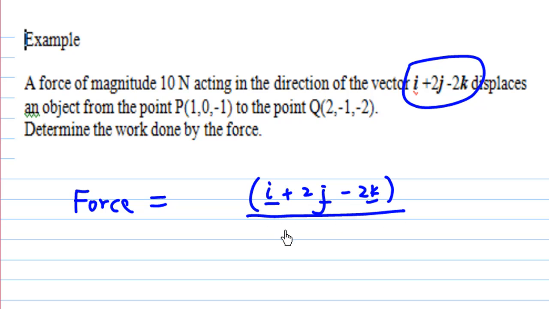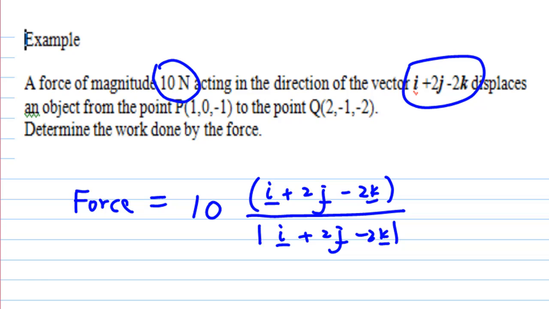The length, let's write down first, then we calculate. Now what we get is a unit vector, which means this is a force of 1 Newton. Now we need a force of 10 Newton in the same direction, so you multiply this by 10. So we have calculated the force.